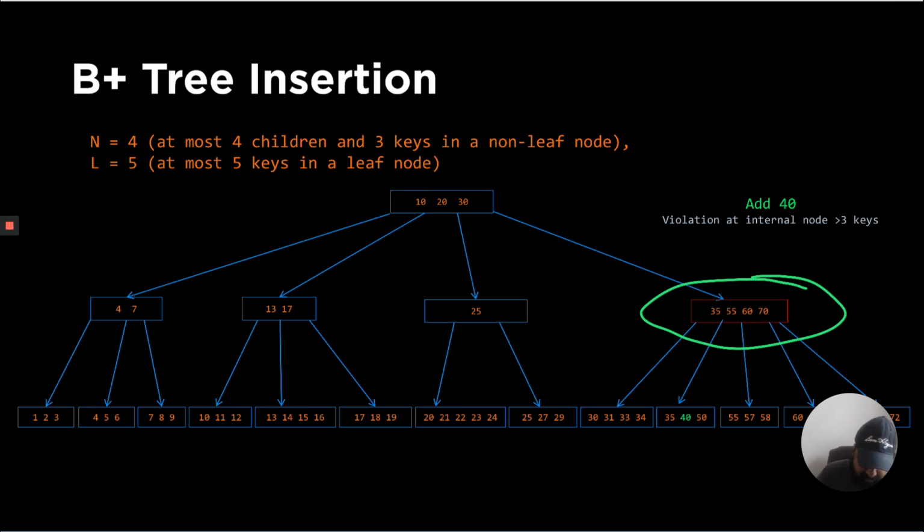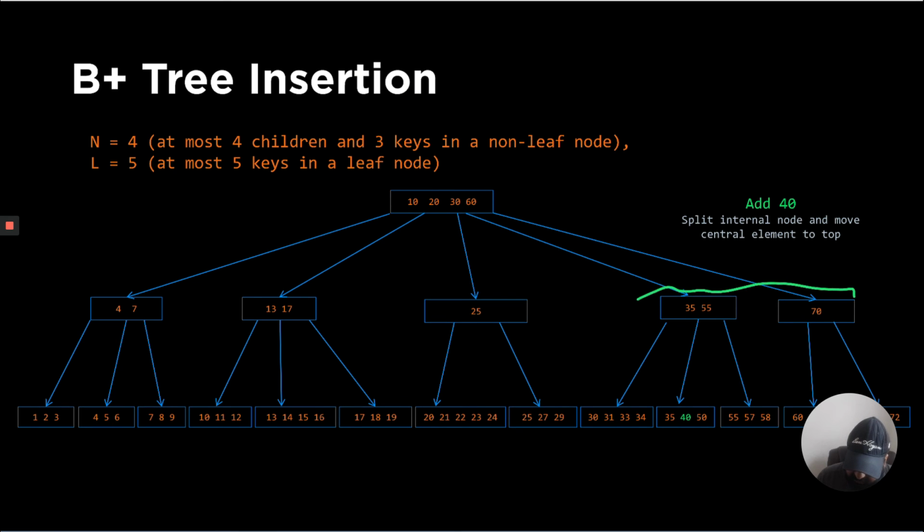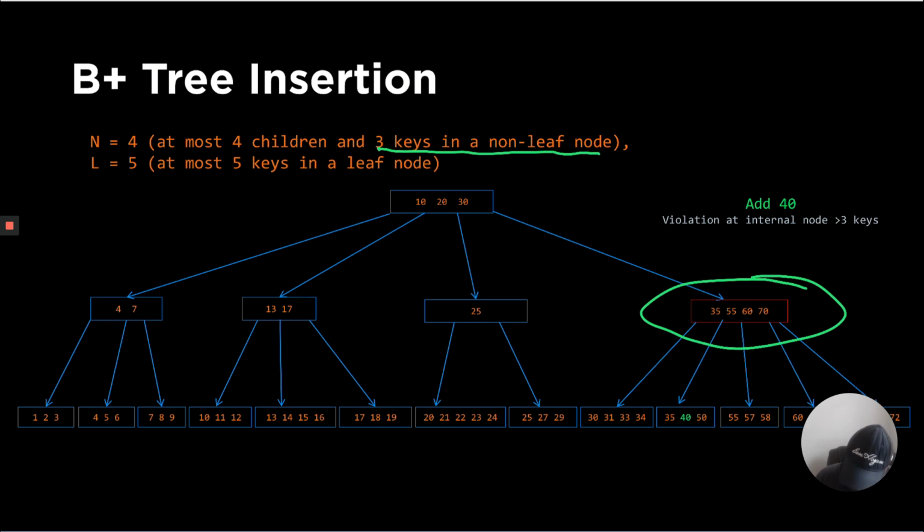Next, we see that this particular node now defies property 1, which is it can have at most 3 keys in a non-leaf node. This is a non-leaf node, and now it has 4 keys. So we are going to again perform a split operation, but this time we do not want to copy the central element. In this case the central element is 60, because I'm following the right convention in case of odd nodes.